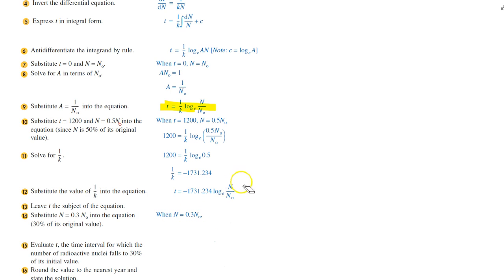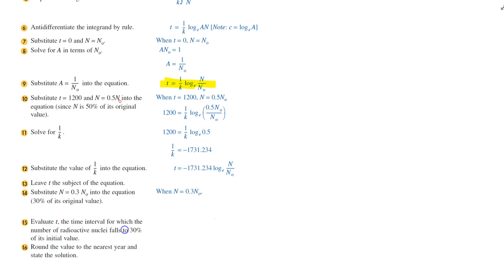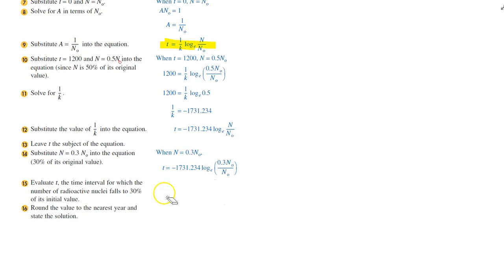We sub that in here. So t equals this, 0.3 N0 over N0. The N0s are going to cancel out again. So it's going to take 2084.359 years. So a little less than 2400, which is what I suggested at the beginning, because 2400 would have been 25%.